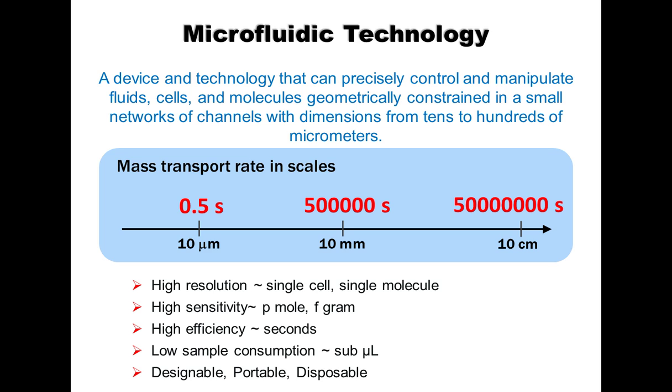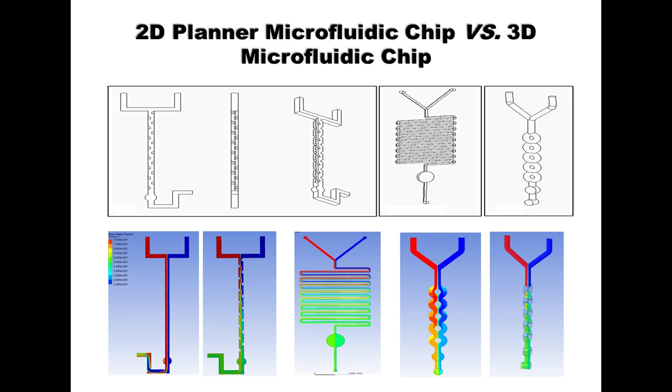Microfluidic technology handles molecules and cells in the micro scale, which provides a lot of advantages, like high resolution for single cells and single molecules, high sensitivity detection of molecules and cells, and very high efficiency in terms of mass transfer. The sample consumption is very low because it only handles the microliter range of fluids, and the entire device is designable, portable, and disposable.